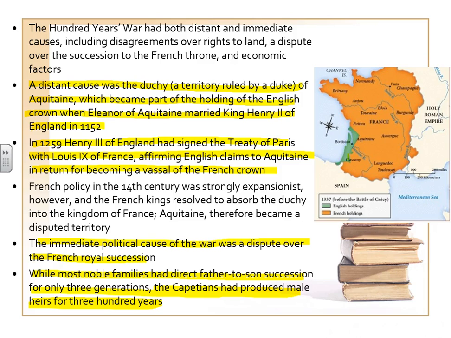All right, so what we have is the Capetian dynasty that has ruled for several hundred years. If we look all the way back to the year 1152, we see a woman by the name of Eleanor of Aquitaine, which is a region in southwestern France, marry King Henry II of England.